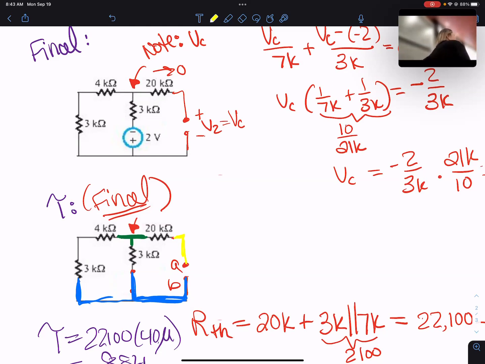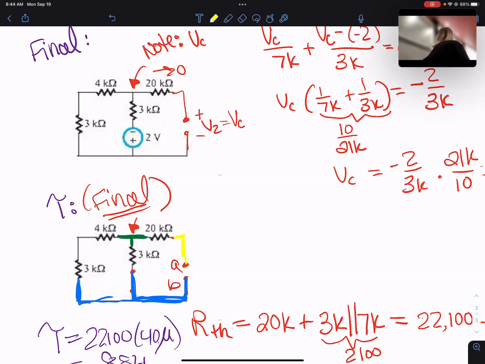It may not be marked, because I may take problems from different places. So where would you put your node as far as ground here? I don't even know where the ground is. Okay.